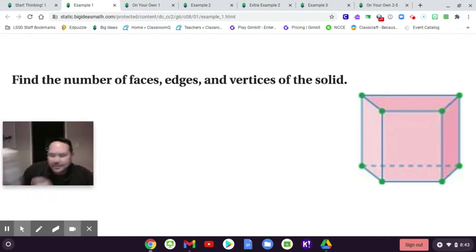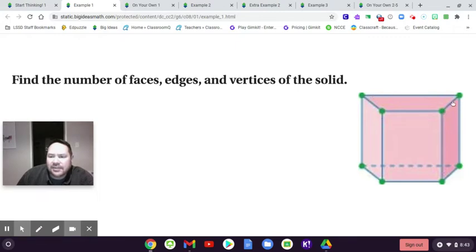It's a point. So for that shape right there, as you can count on these green dots, there's 4 vertices on top and 4 vertices on the bottom. So there are 8 vertices. This has a small rectangle in the front, a big rectangle in the back, 2 rectangles on the sides, and then a trapezoid on top and a trapezoid on the bottom. So that would have 6 faces. And then for the edges, it would have these lines right here.